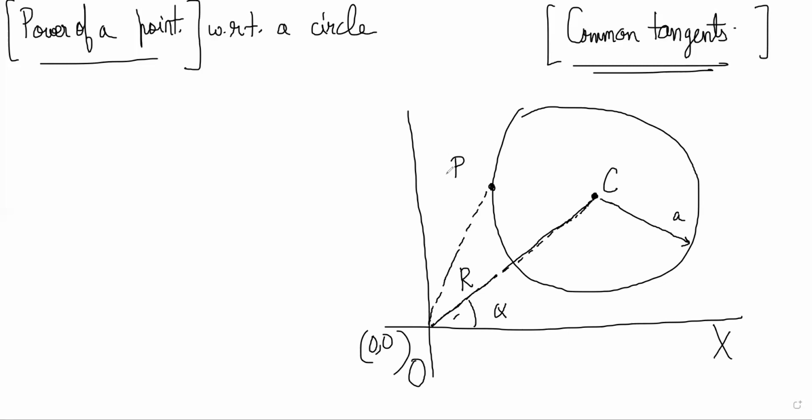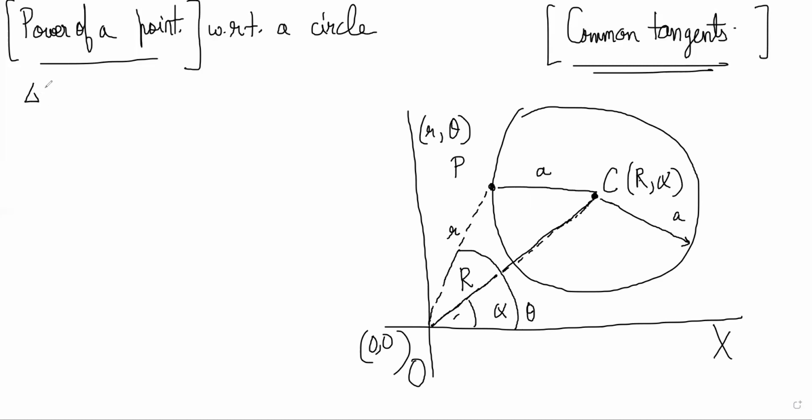Let's call the OP length small r, and let's call this angle theta. So P is the point small r, theta, and C is the point capital R, alpha. And we know the length here is A, the radius.